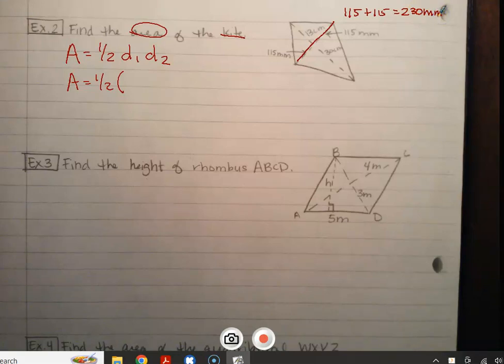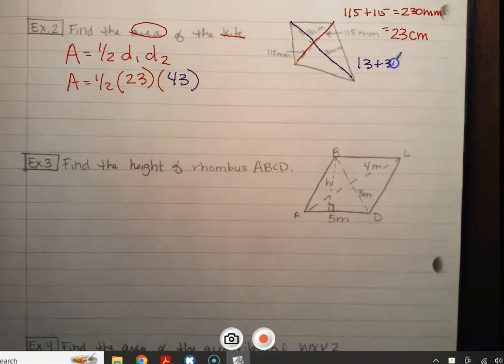So let's change that to centimeters, which would be what? Should be 23, right? Because 10 millimeters equals 1 centimeter, so 230 millimeters is 23 centimeters. All right, so let's go back here. So we're going to have 1/2 of 23 times. Now let's look at the length of our other diagonal. It's 13 centimeters and 30, we add those together, that's going to be 43 centimeters.